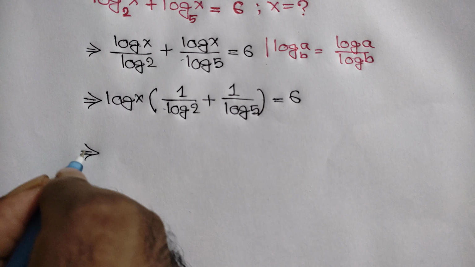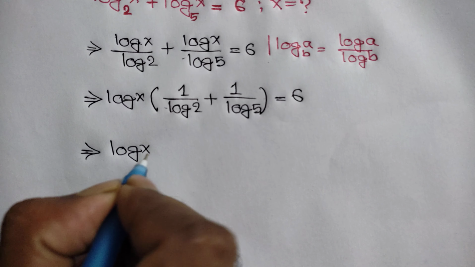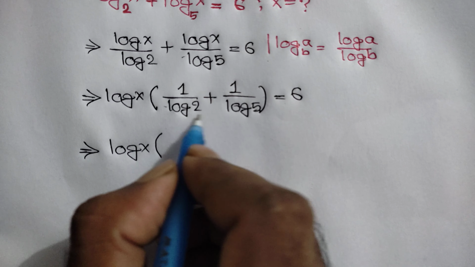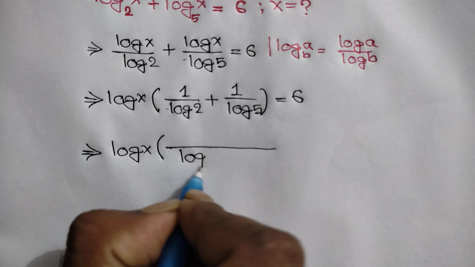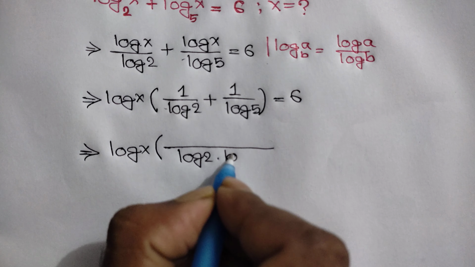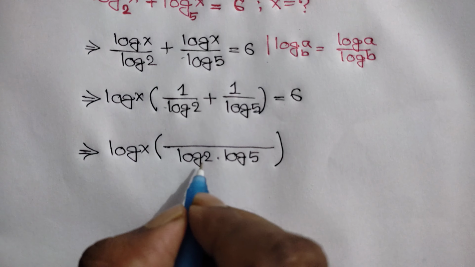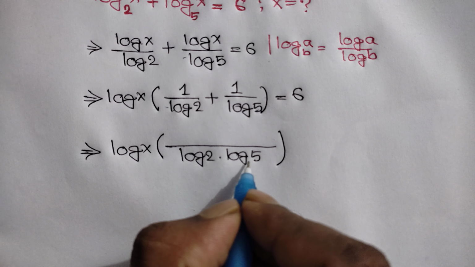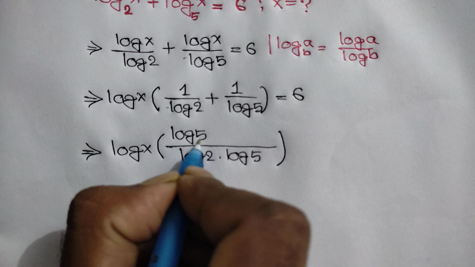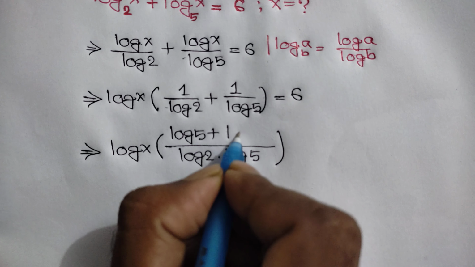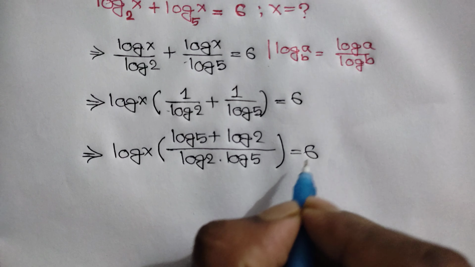Here the LCM is log of 2 times log of 5, so we can write log of x times (log of 5 plus log of 2) over (log of 2 times log of 5) is equal to 6.